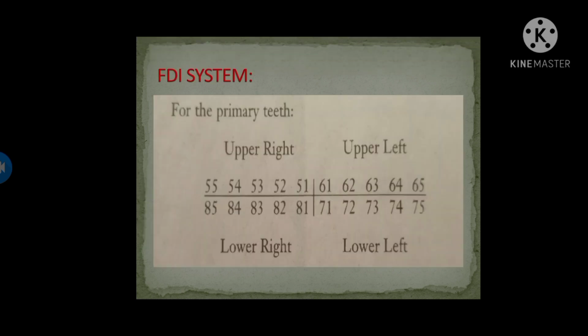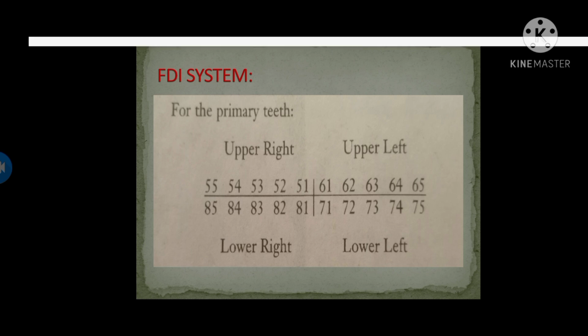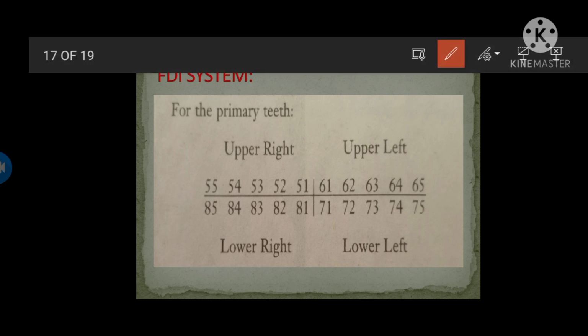Here we have primary dentition. In primary dentition, we just number it differently. The upper right would be indicated by 5, the upper left would be indicated by 6, the lower left would be 7, and then the lower right would be indicated by 8.